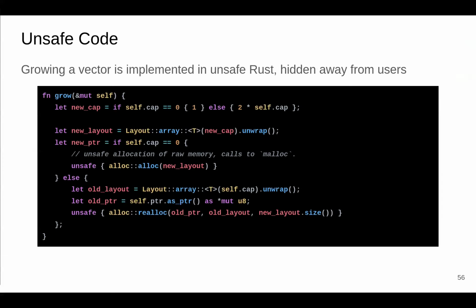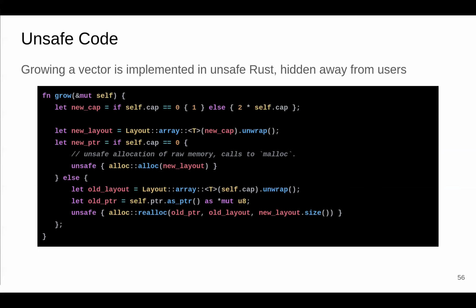So unsafe code, for example, growing a vector here, like a vector grow, we check if the capacity is 0. If it is 0, we go from 0 to 1. This is when we allocate the vector. Otherwise, we double the capacity. Right? So this is an exponentially increasing vector, which is usually the way how vectors are implemented. New layout, right?